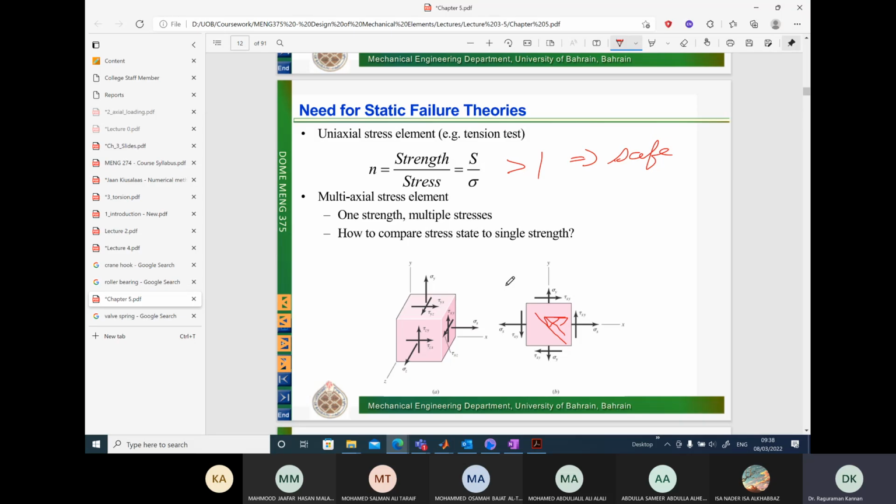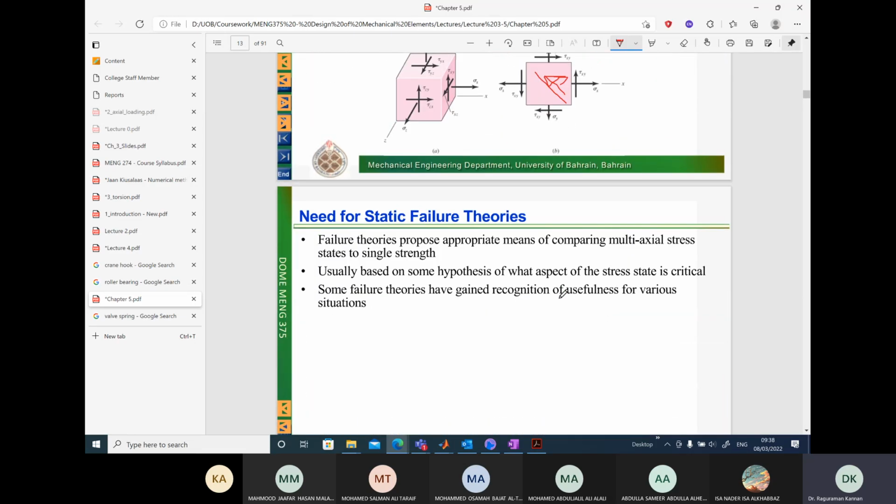And this is not a straightforward question. When you do the experiments, you will later realize that we actually require efficient failure theories to represent ductile materials and brittle materials. So this is the need for failure theory, static failure theory.